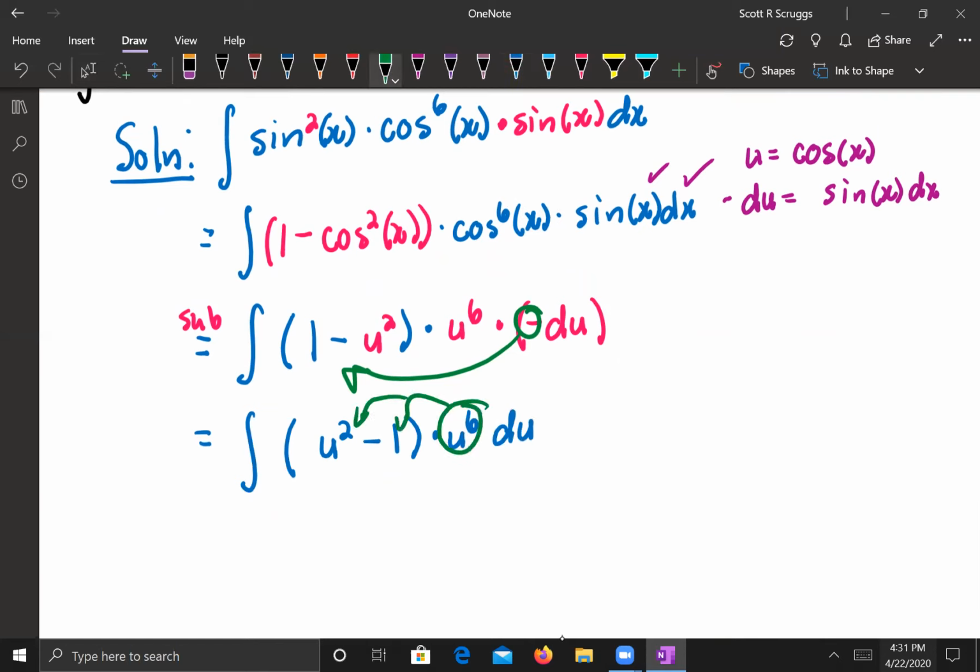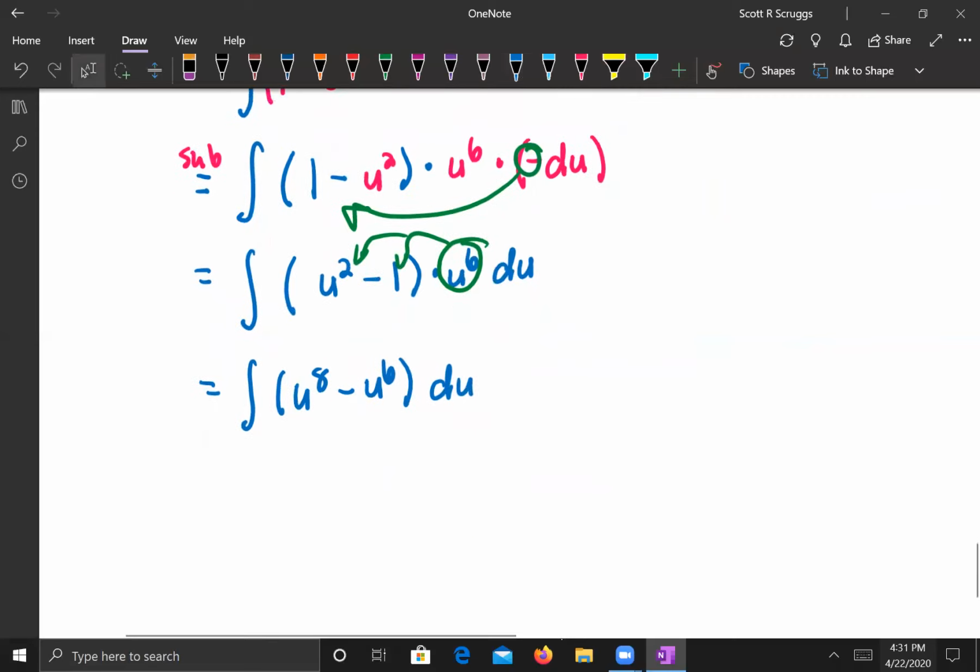I'm going to distribute that u to the 6 to both of them to give me the integral of u to the 8th power minus u to the 6th power. And now I say that we get to win and reap the benefits of our hard work. Because now I'm taking the antiderivative, where the antiderivative is by power rule, and that is u to the 9th over 9 minus u to the 7th over 7.